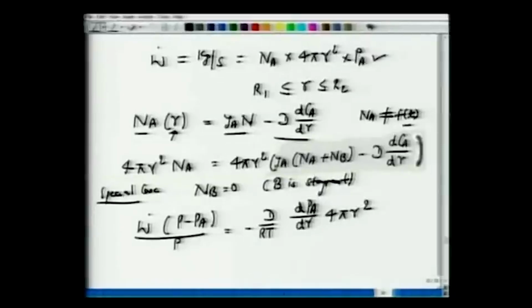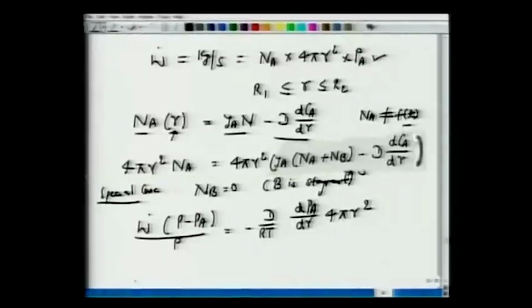All we have done is made Nb equal to 0 and substituted 4 pi r square Na as W dot, which is constant, kg per second, conserved here.